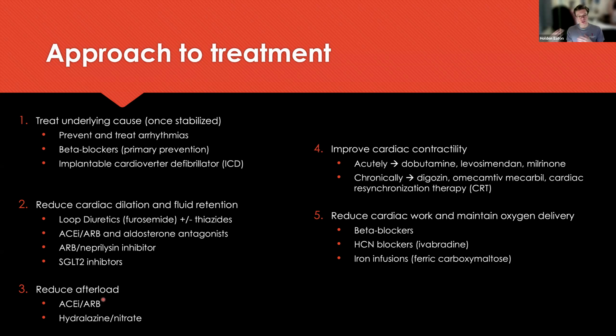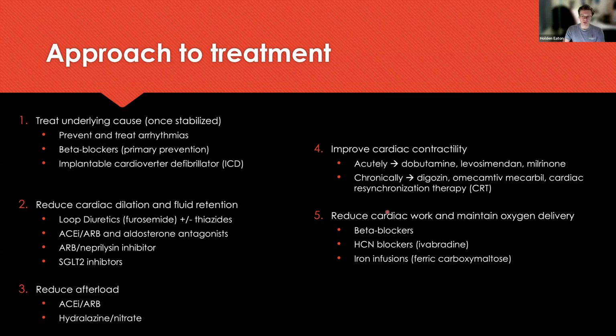You want to reduce the afterload, so change how much work the heart is having to do to put fluid out into the system. You want to improve the cardiac contractility, which we spoke about right at the end, making it more efficient. And you want to reduce the work that the heart has to do. And that's once you've resolved the cardiac efficiency, you want to make it work less hard.